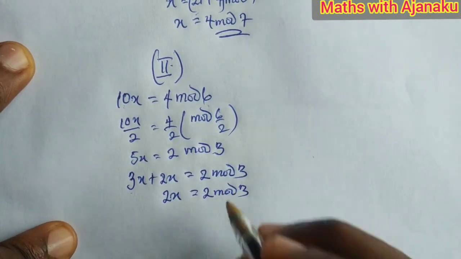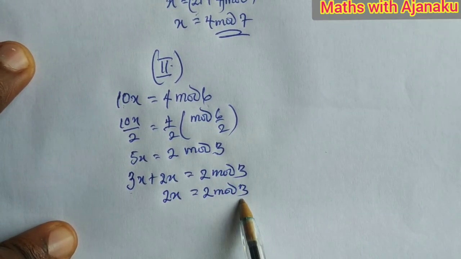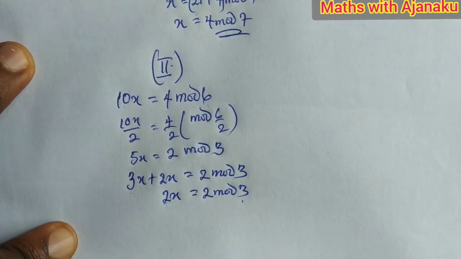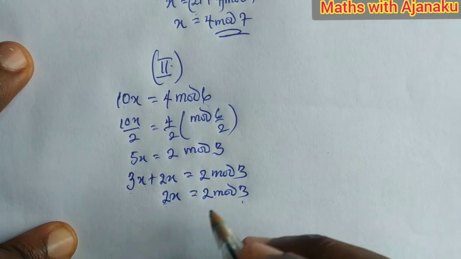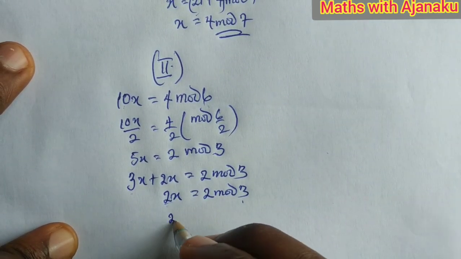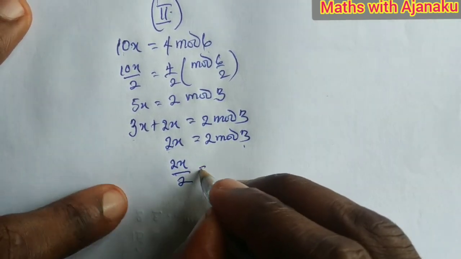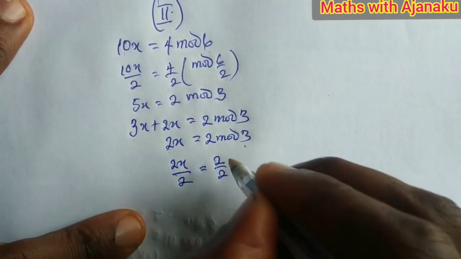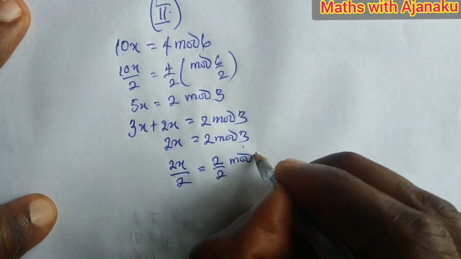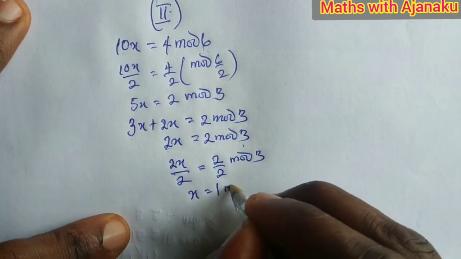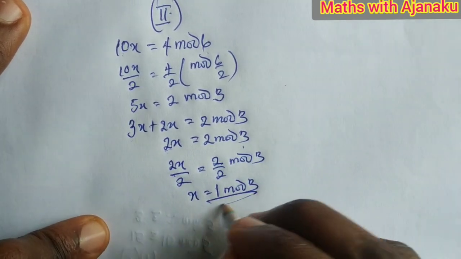Since this is a prime modulo, we can do our division easily, dividing both sides by 2, which is the common factor here. This becomes 2x over 2 equal to 2 over 2 modulo 3, and this becomes x equal to 1 modulo 3. I hope this is very clear.